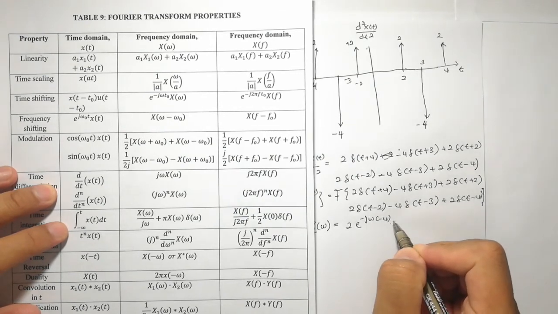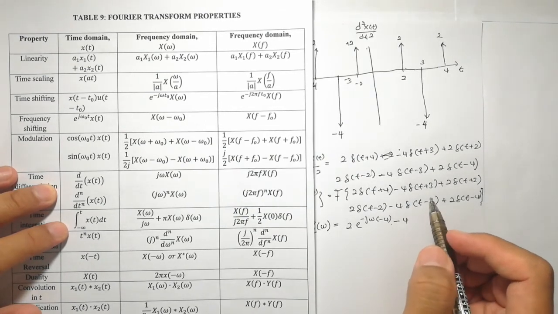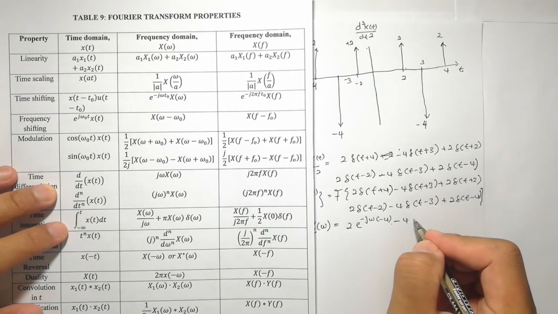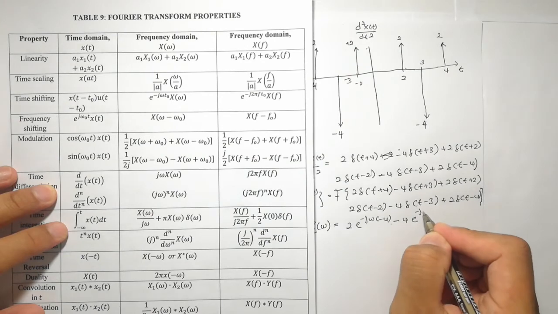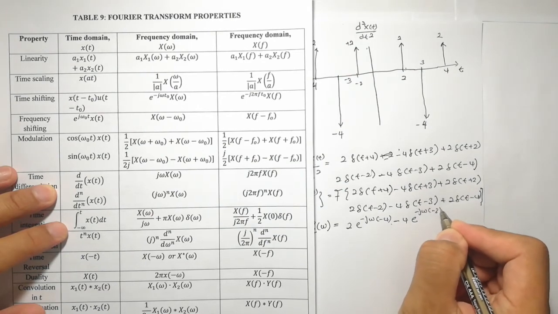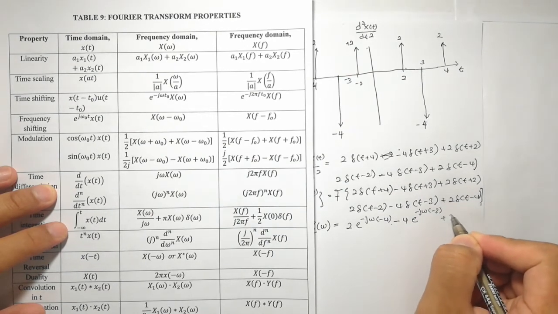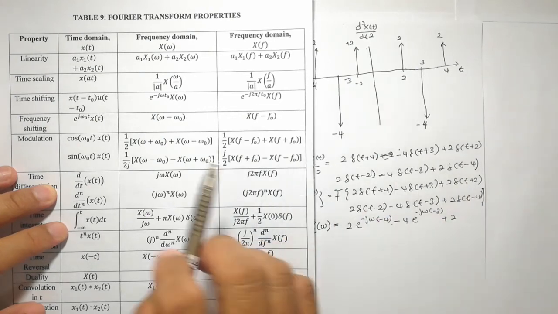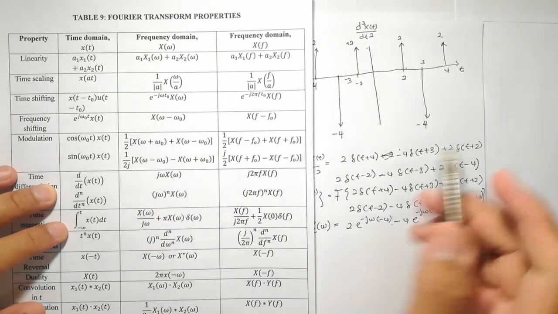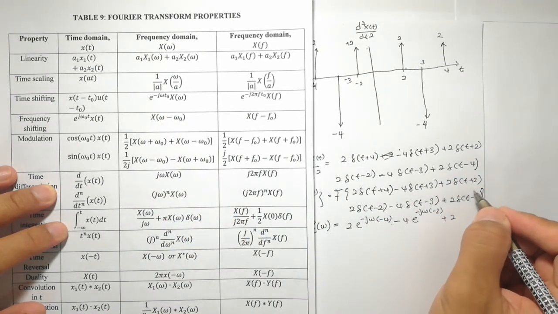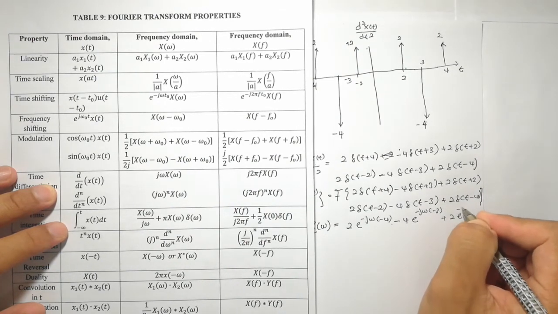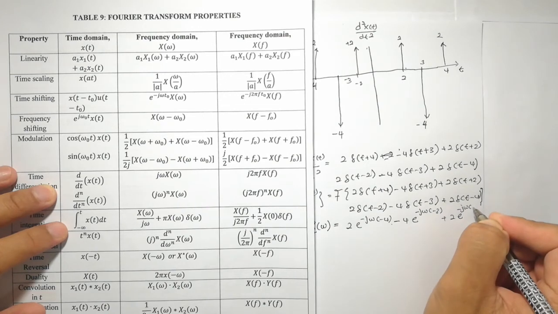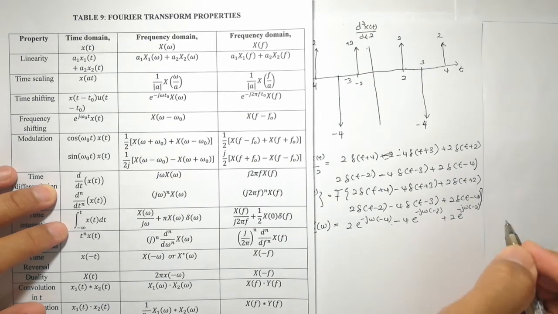We continue with negative 4. Now we have plus 3, so we have negative e^(-j omega (-3)). For the next one you have 2, using the time shifting property again, but now t0 is equal to negative 2, so you have e^(-j omega (-2)).